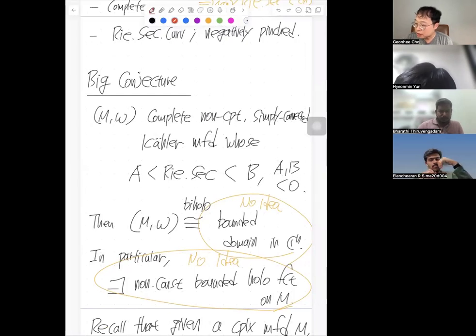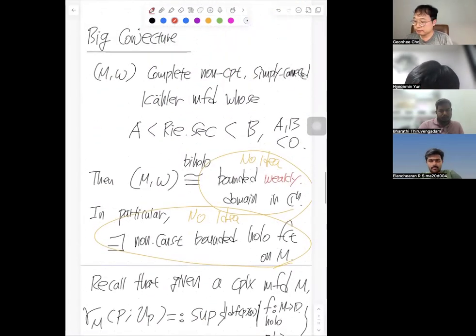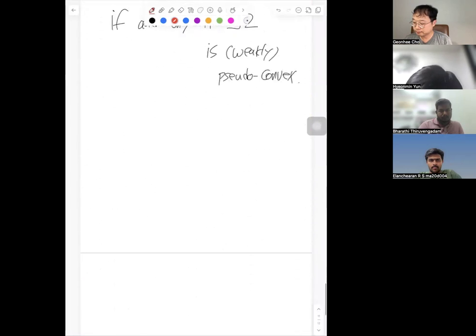If this conjecture is correct, it must be at least a weakly pseudo-convex domain, because we already know there must be a complete Kähler-Einstein metric. Does that make sense to you? Yeah. Thank you.